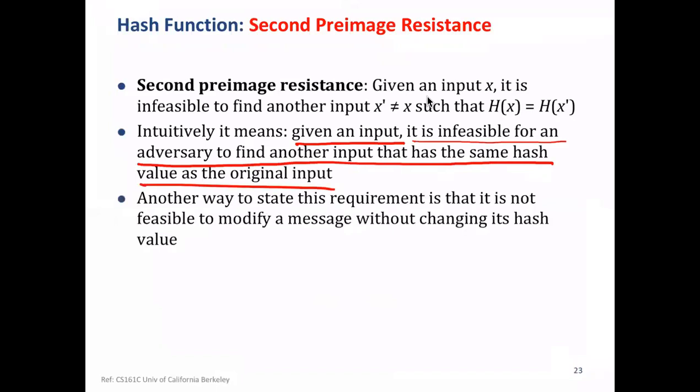So these two are mathematically defining. Another way, from a security perspective, is to say that it is not feasible to modify a message without changing its hash value. If you can find x dash from x, you can change the contents of the message, so the adversary can do that, and yet the hash value is the same.